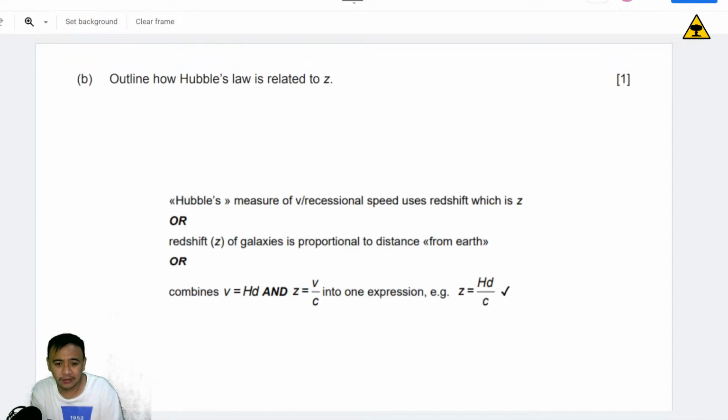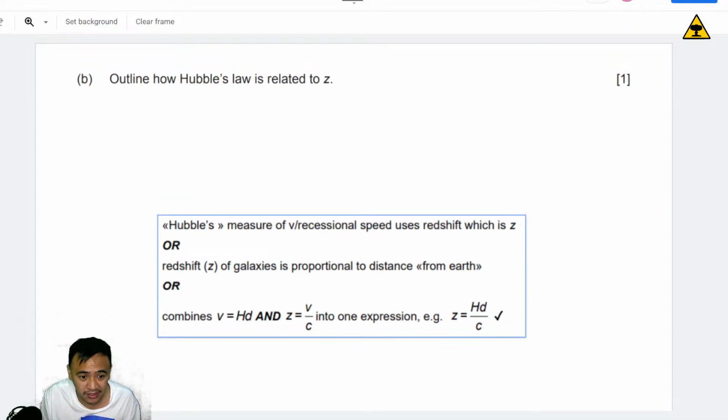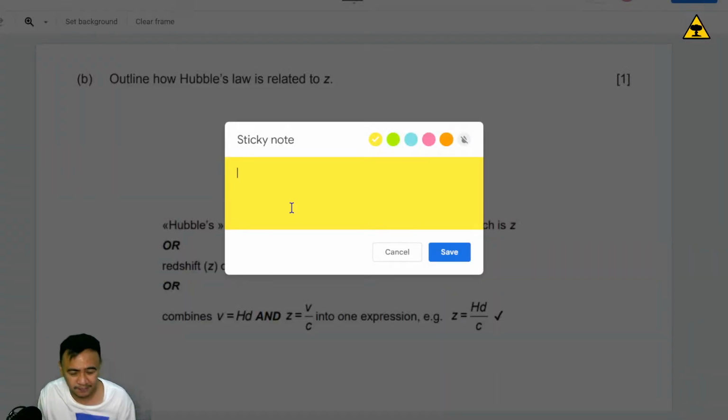So Hubble's law is a measure of the recessional speed, which is Z, right? Redshift. Redshift is proportional to the distance from the Earth. It combines the two equations into one expression here. Basically, how would I explain this given this marking scheme? I would say it like this.